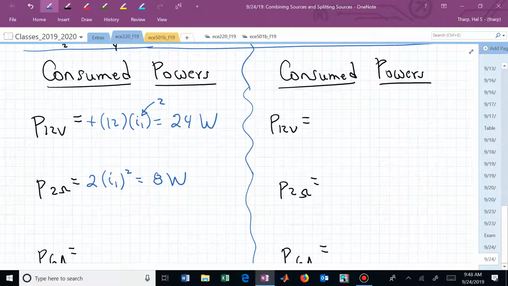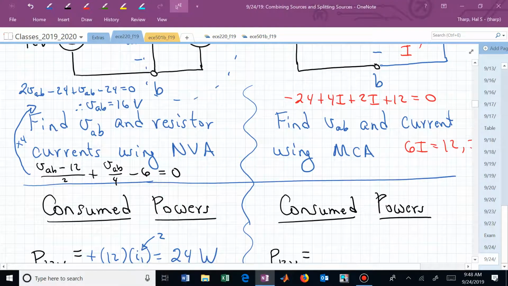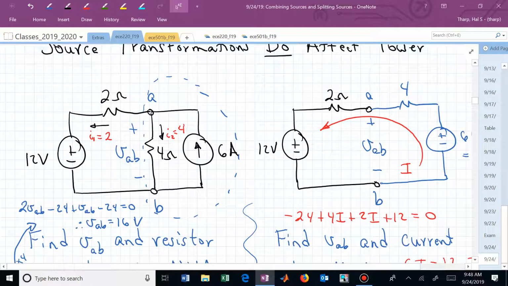If it's now needing 24 watts, what about the 6 amp current source? What's the power consumed by it? VI. What's V on that current source? Is it anywhere?